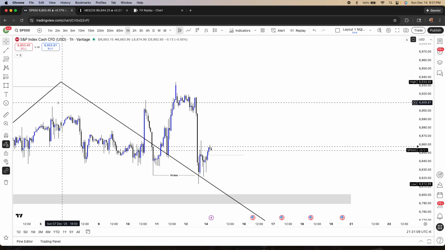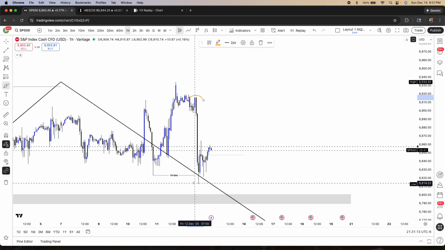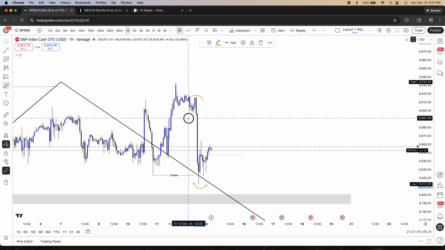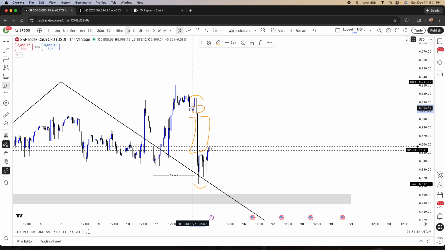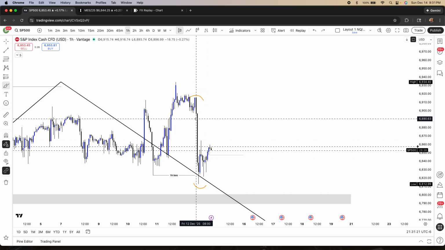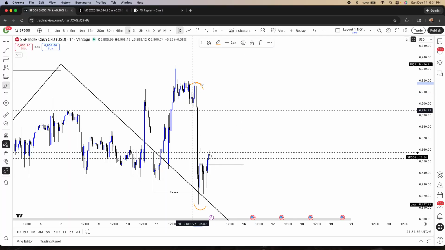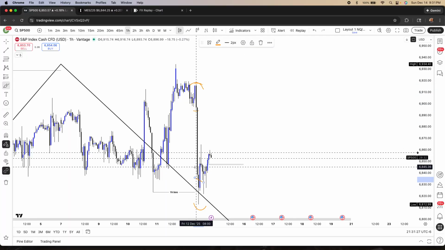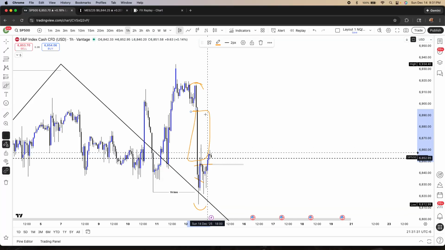If you have a strong push in any type of bar chart, there are imbalances or inefficiencies, as some people would call them, in the market, which is just you have 3 candles and you get the line in between it, or the wicks, and in between those wicks shows you imbalance.